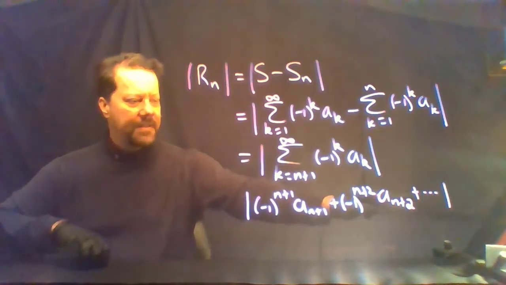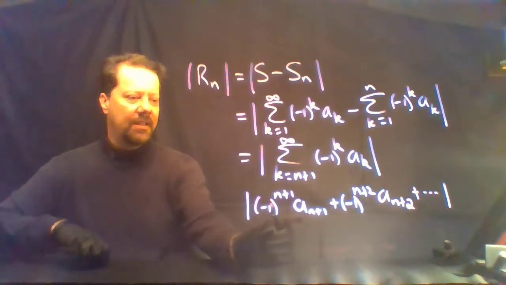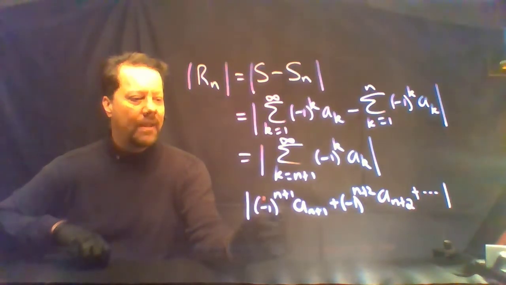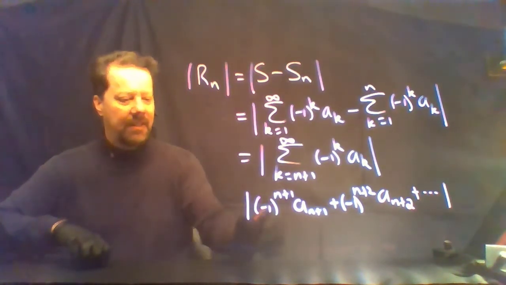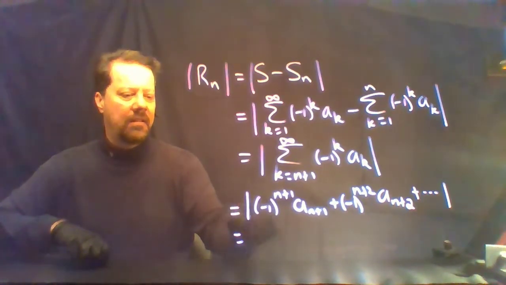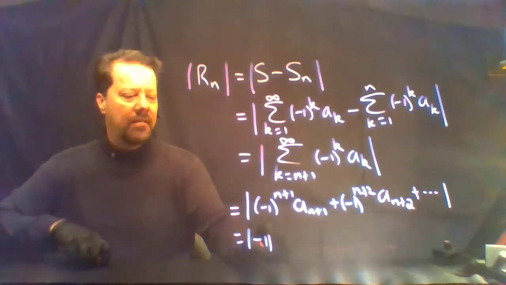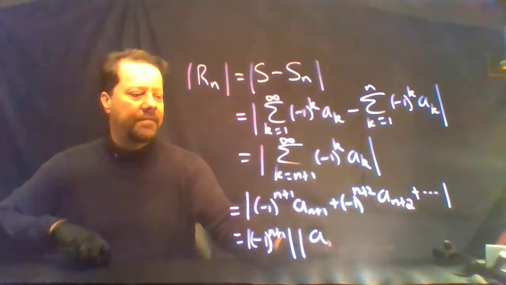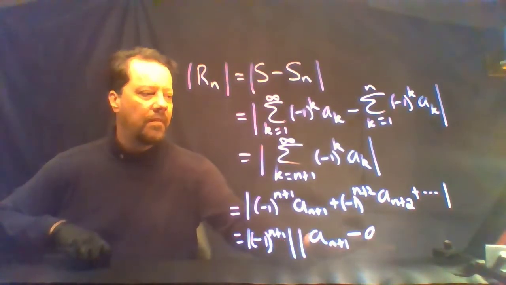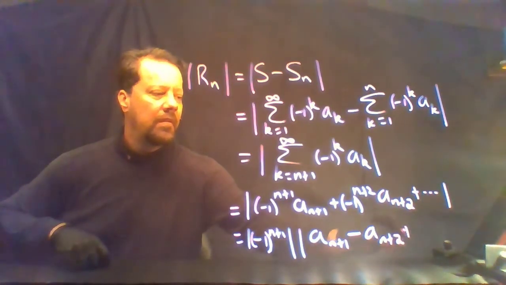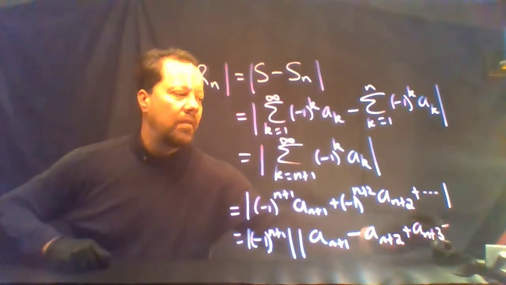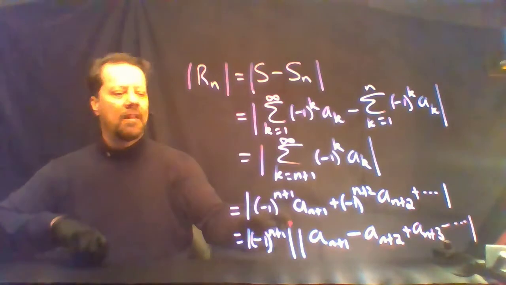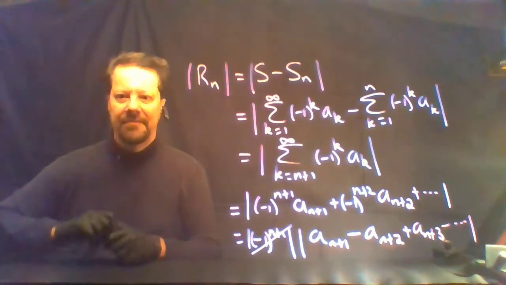Some infinite sum, but starting here, we can factor out this negative 1 to the n plus 1, and that negative 1 to the n plus 1 can be separated off and then canceled off.